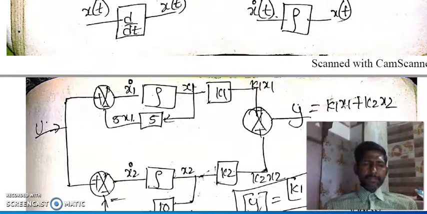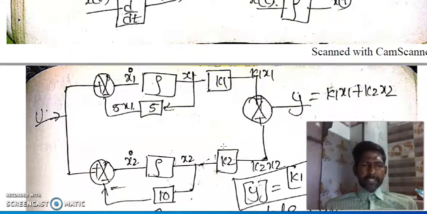You can observe here, to represent the state model, this entire thing I am going to assume as x1 dot of t. Integration of x1 dot is x1, and the path for x1 is in this direction. So 5 x1 will be the output of the feedback block, into K1, that is K1 into x1.